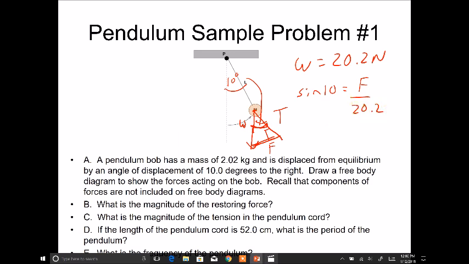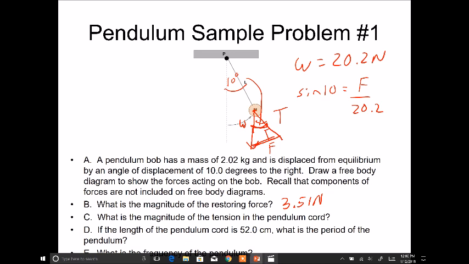So if we say 20.2 newtons times the sine of 10 degrees, we end up with 3.51 newtons. So our restoring force is 3.51 newtons. And that's toward the equilibrium position.